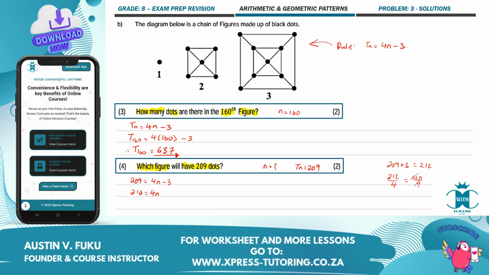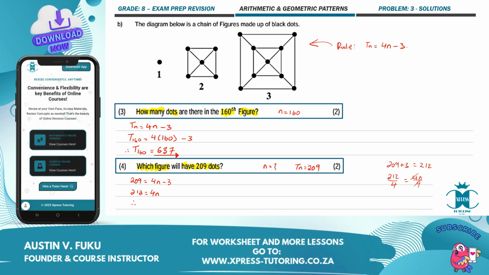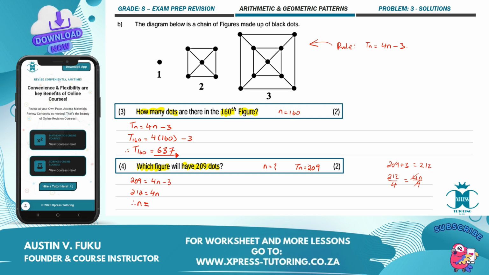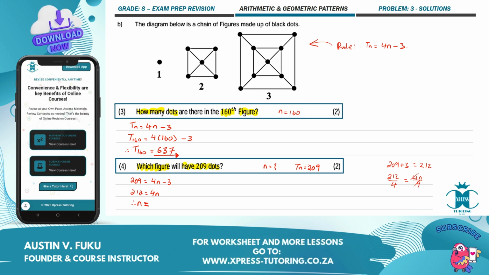So the 4 and 4 there will cancel, and therefore n will be equal to 212 divided by 4, that will give you 53. So n will be equal to 53. So that will be your answer there.